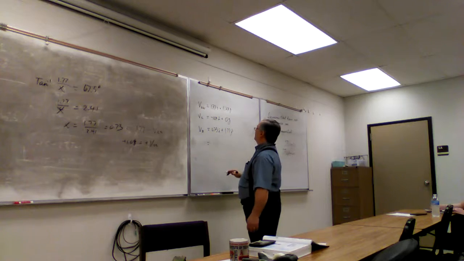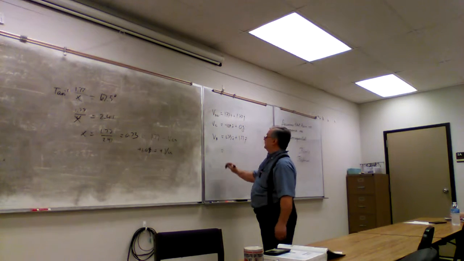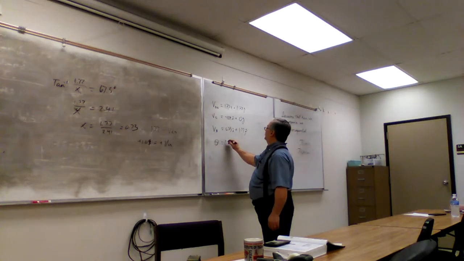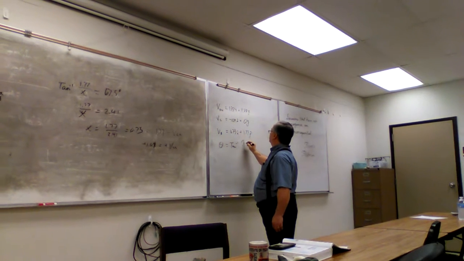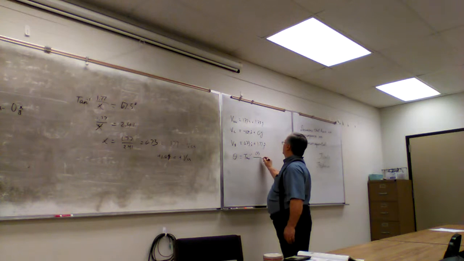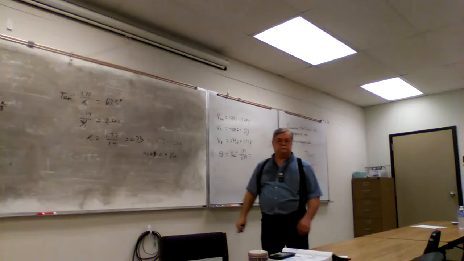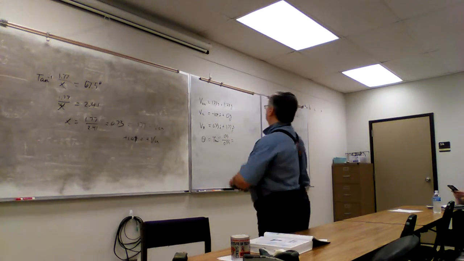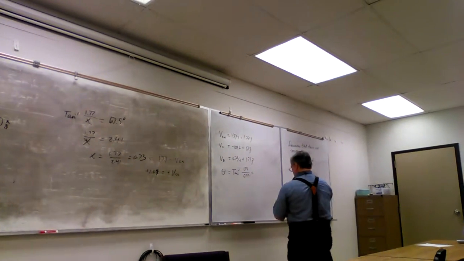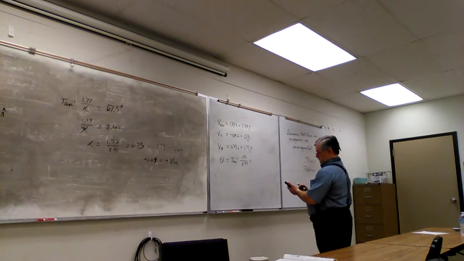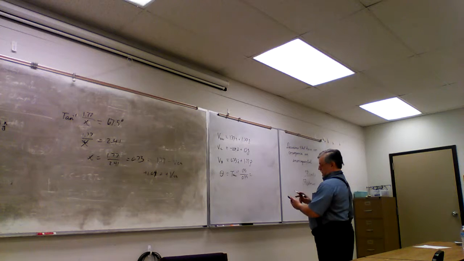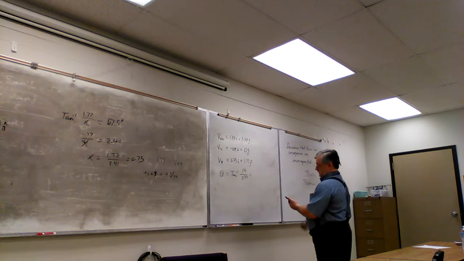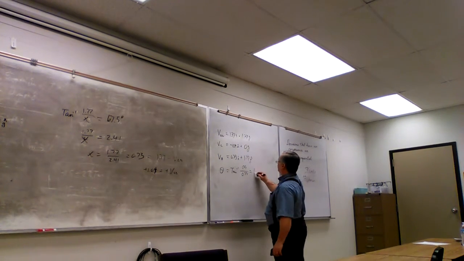Well, without worrying about the magnitude, what does that give us for the angle? Inverse tangent of 1.77 divided by 0.73 equals 67.5 degrees.